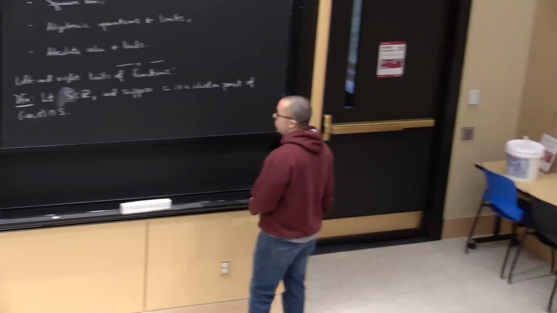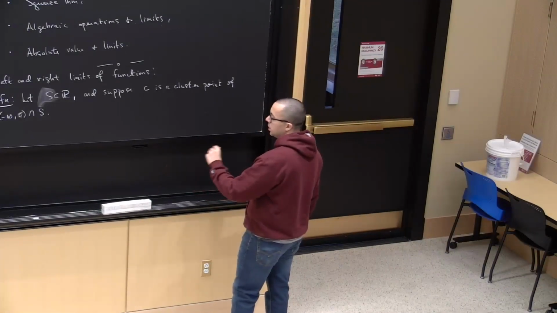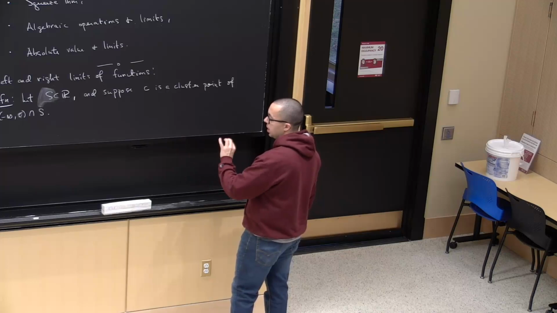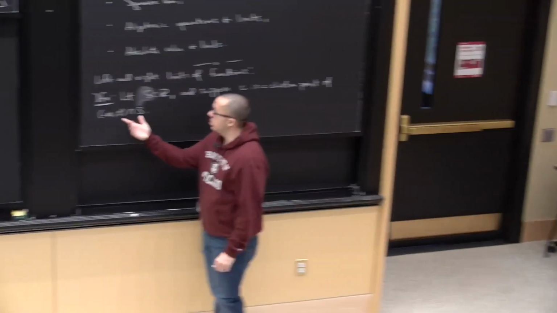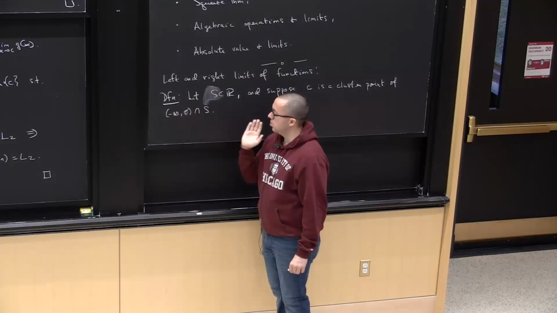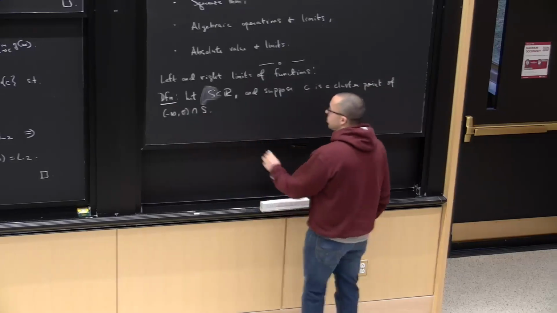So what I'm defining now is the notion of a function converging to something as x goes to c from the left. That's why I'm looking at only S intersect minus infinity to c. So I'm only looking to the left of c.